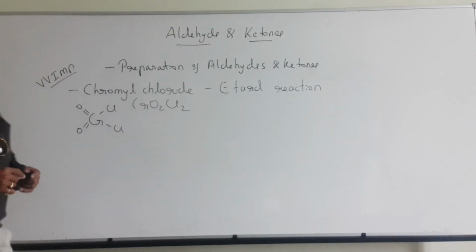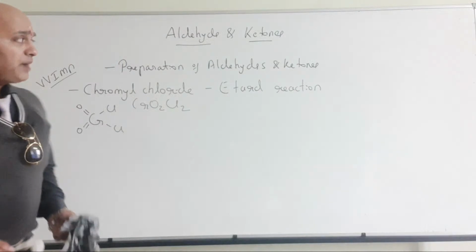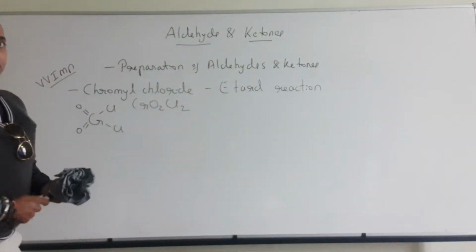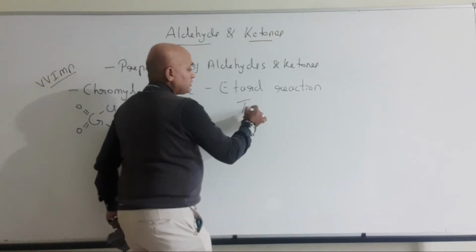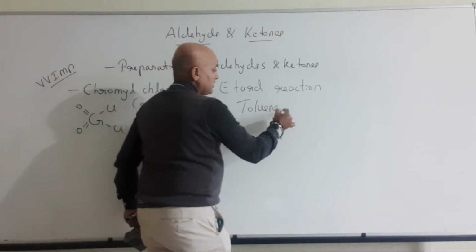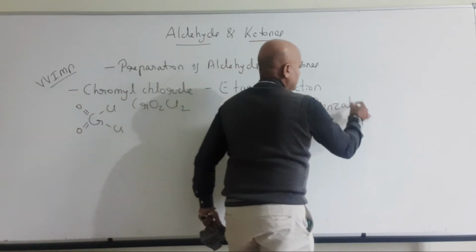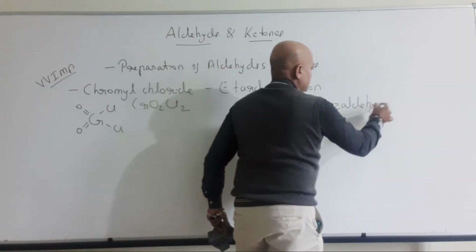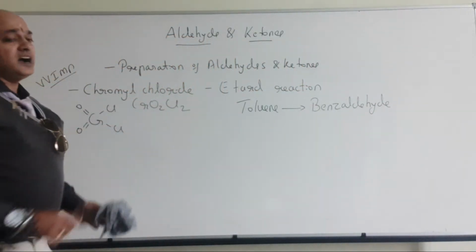That's why we have the name chromyl chloride. Okay? So when I am talking about this reaction, this is meant for the conversion of toluene to benzaldehyde. The Etard reaction is meant for the conversion of toluene to benzaldehyde.